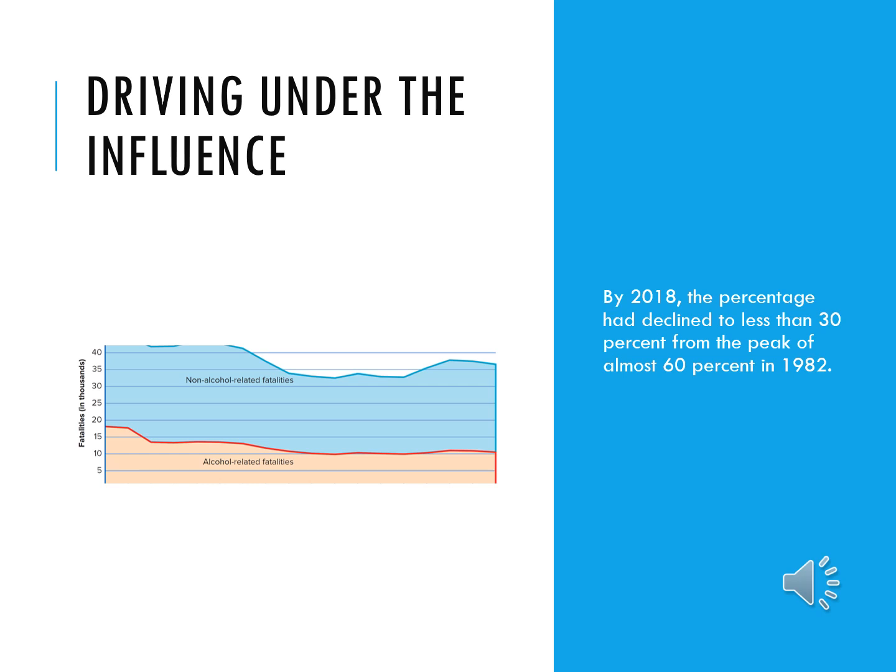Alcohol related fatalities are a greater proportion of the fatalities occurring during dark hours than those occurring during daylight hours, and are a greater proportion of fatalities occurring on the weekend than those that occur during the week. And so by 2018, you see the percentage has declined to less than 30% from the peak of almost 60% back in 1982.